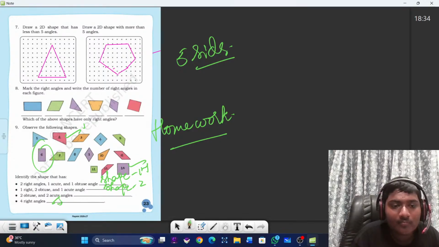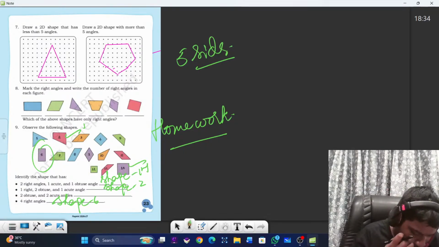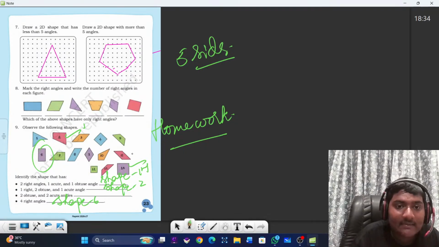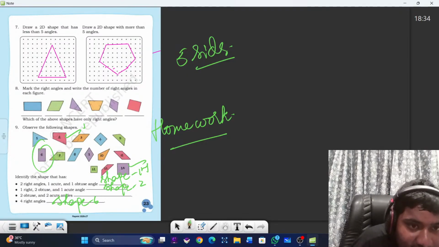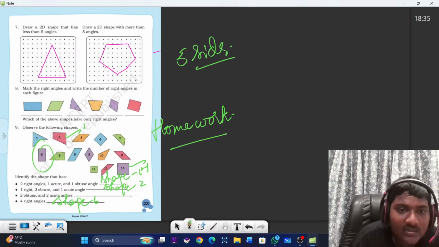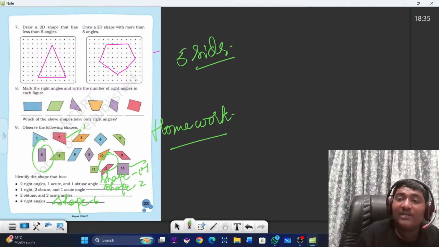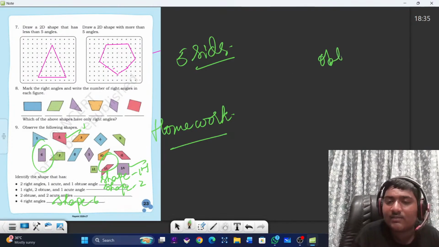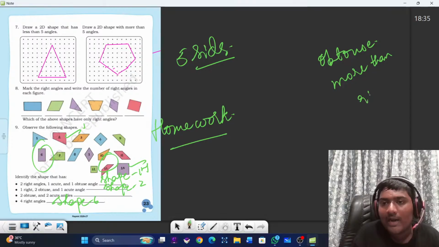See, shape 6. 2 obtuse, 1 acute and 1 right angle. So what will be that? Shape 13. Where is the shape 13? Yes, here. We have 2 obtuse angles. I am explaining once more, what is meant by obtuse angles. Obtuse means more than 90 degrees.